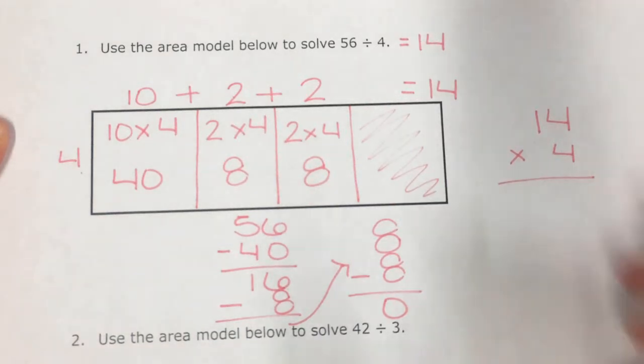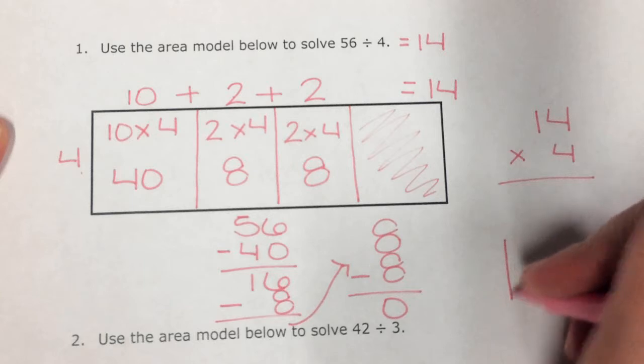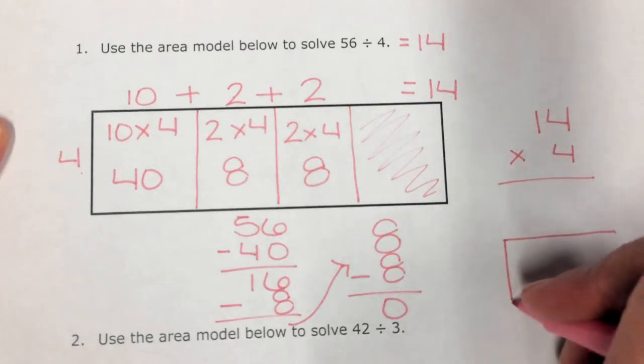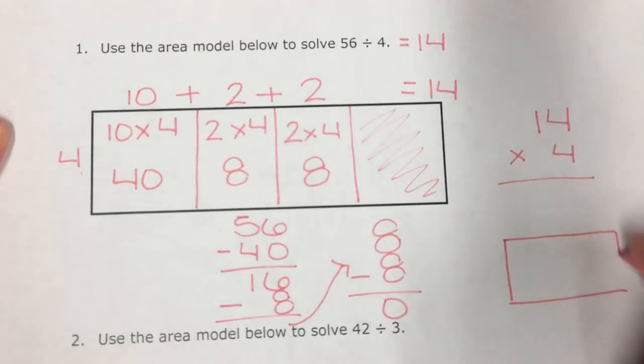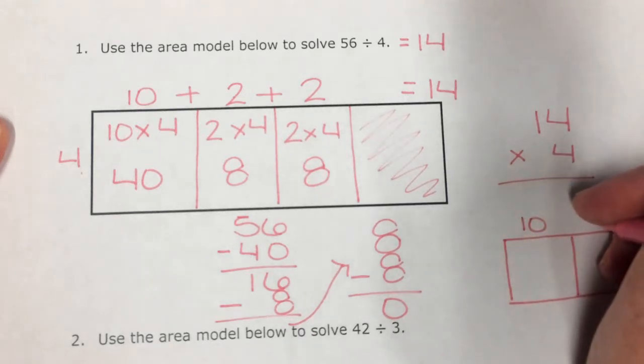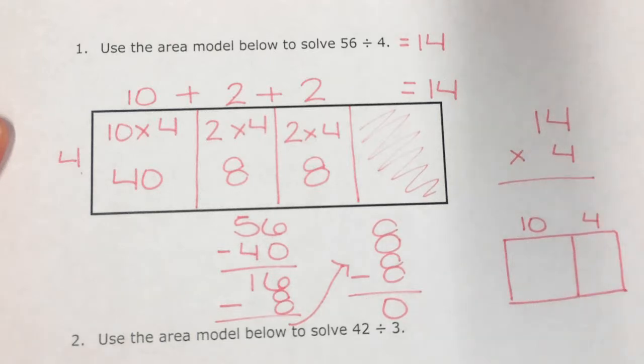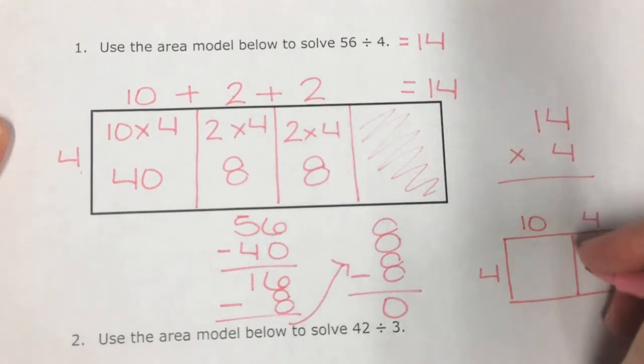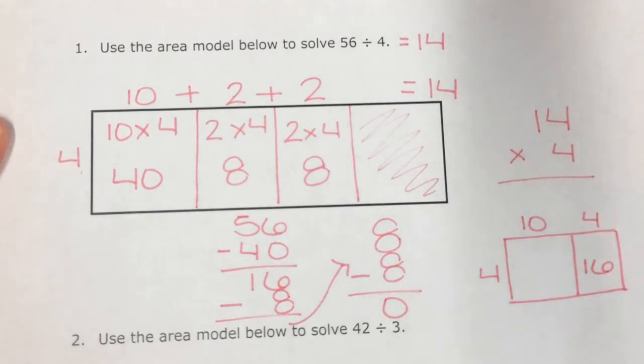Now for this, we do an area model again. And so if I draw out my area model, the first thing that I have to do is I have to break it up by place value. So my 14 is going to be 10 and 4. I'm multiplying by 4. My 4 comes over, meets my other 4, 16.